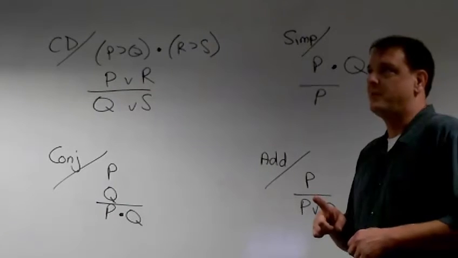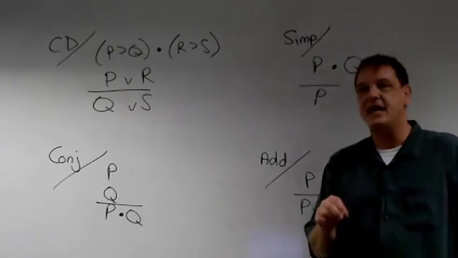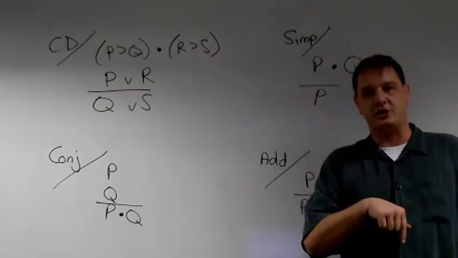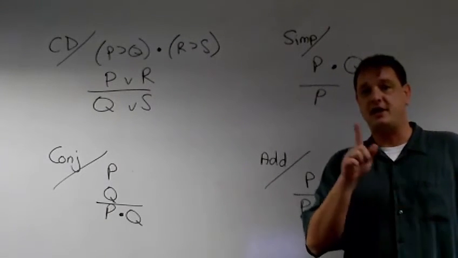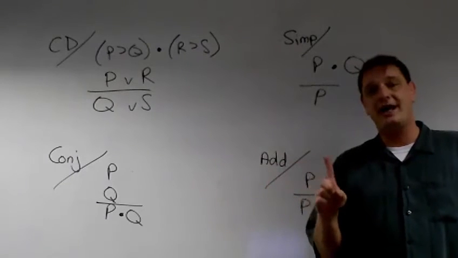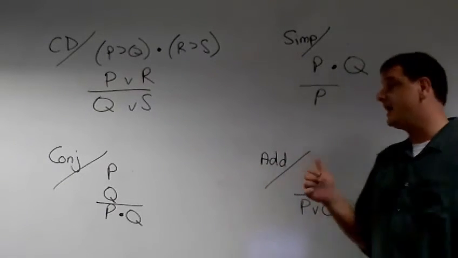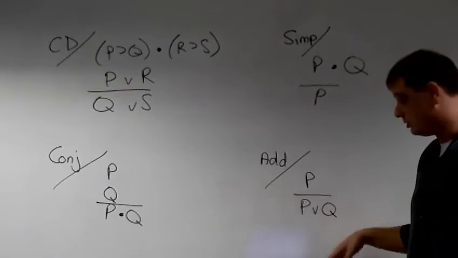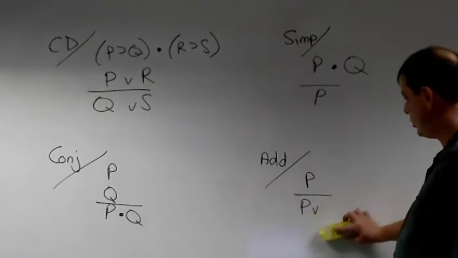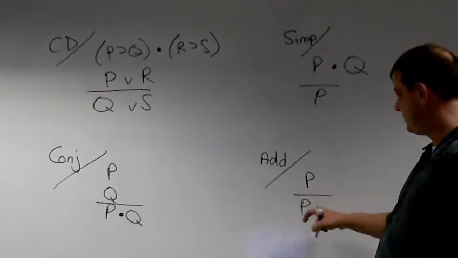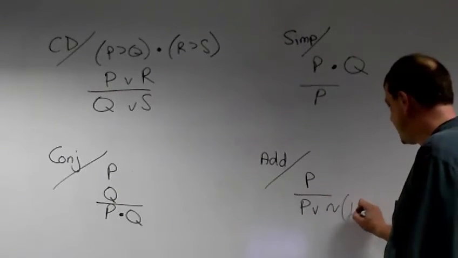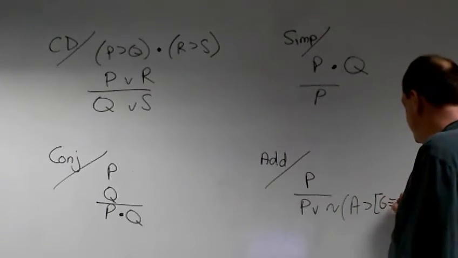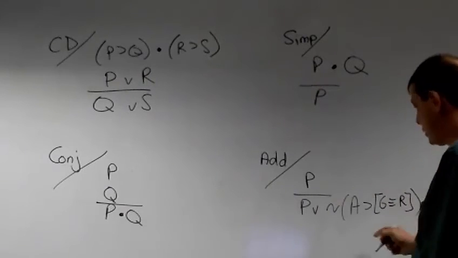That would be one thing to keep in mind. The second thing to keep in mind is anytime you're constructing a proof and the conclusion contains a term that's not in the premises, there's only one way to get a new letter into the game, and that's with addition. By the way, you don't have to just add or Q. You could add, if P is true, then P or, I don't know, it is false that if A, then, I don't know, G if and only if R. You can do that.